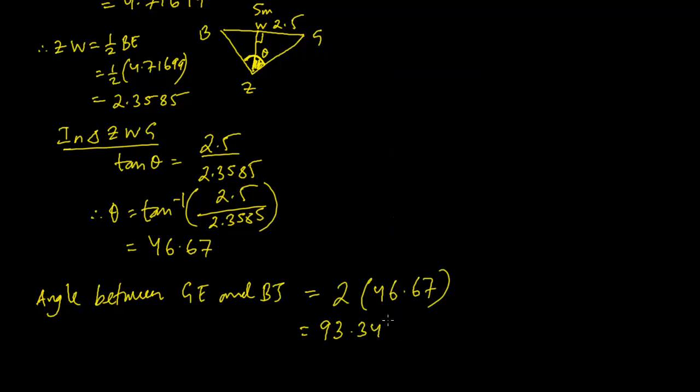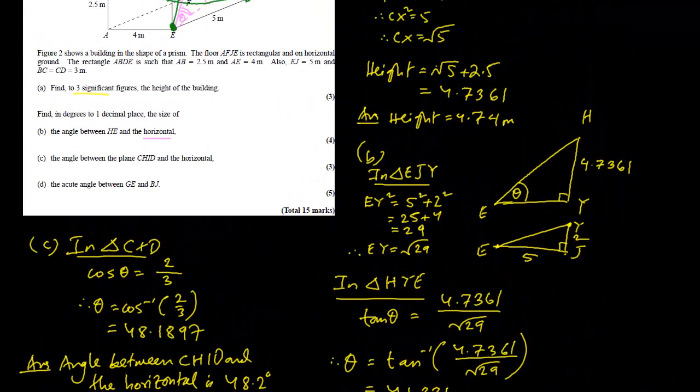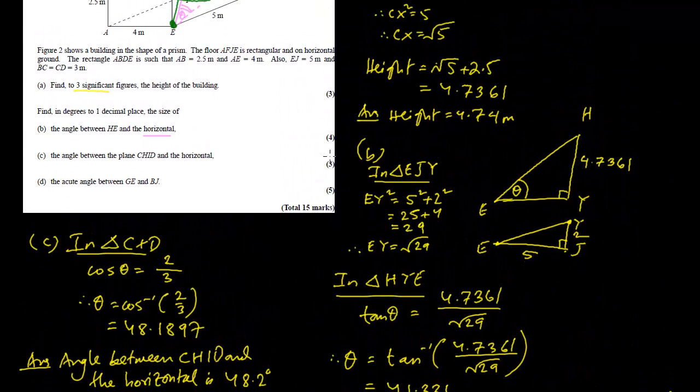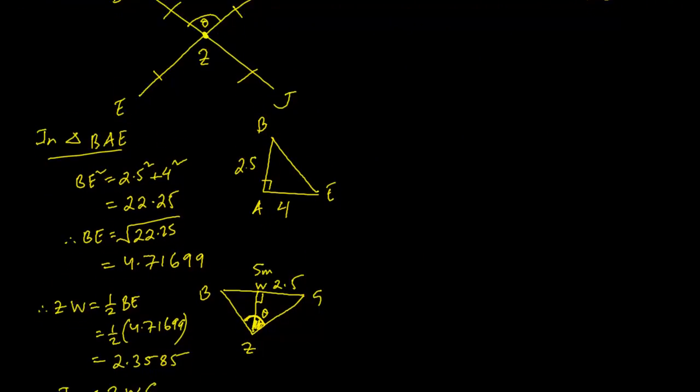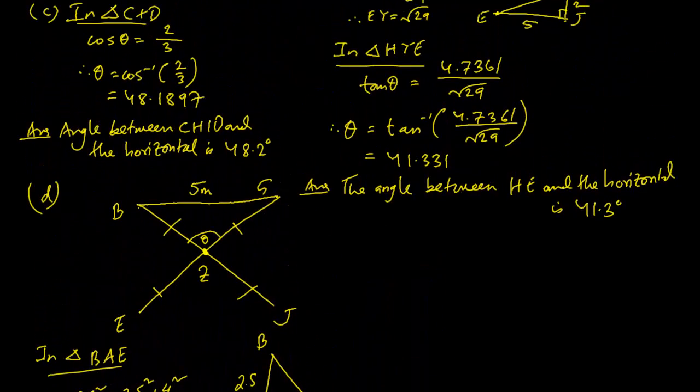93.34 degrees. But remember, the question was, we have to find the acute angle. Acute angle means less than 90 degrees. So I guess we should have found this angle instead of this. It's fine, since this is a straight angle, all I have to do is subtract it from 180 degrees. So that's it. We find that acute angle.